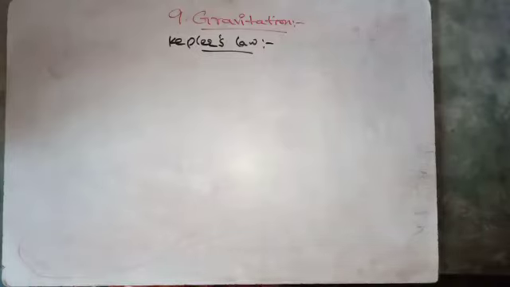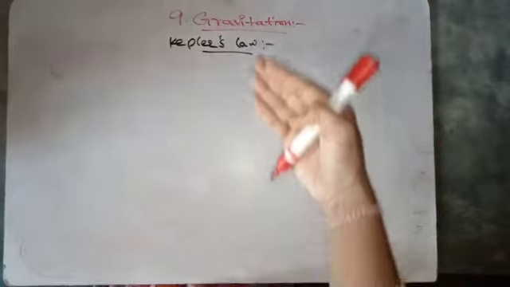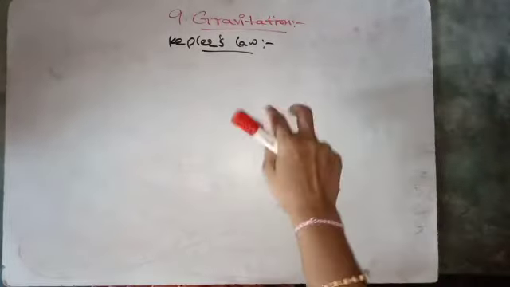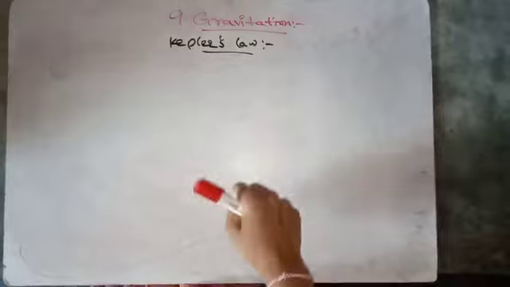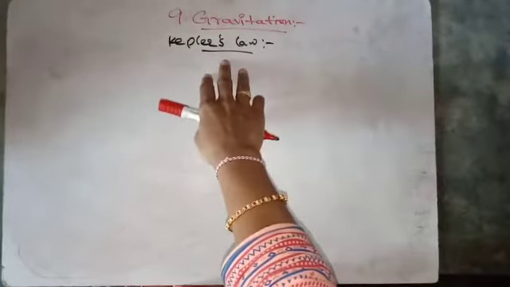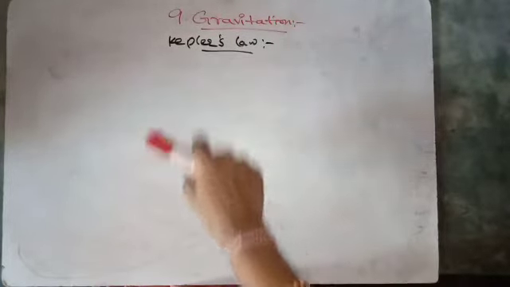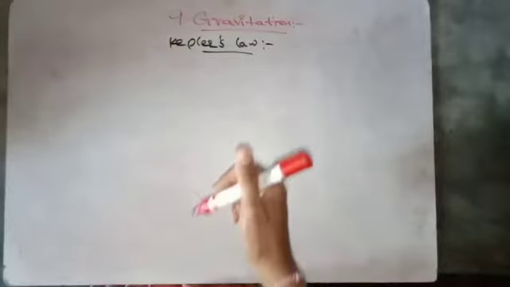I'm good. In my previous lecture, I had given an introduction about gravitation. In that introduction, I had already told you that Kepler has given us three laws which are named as Kepler's laws.